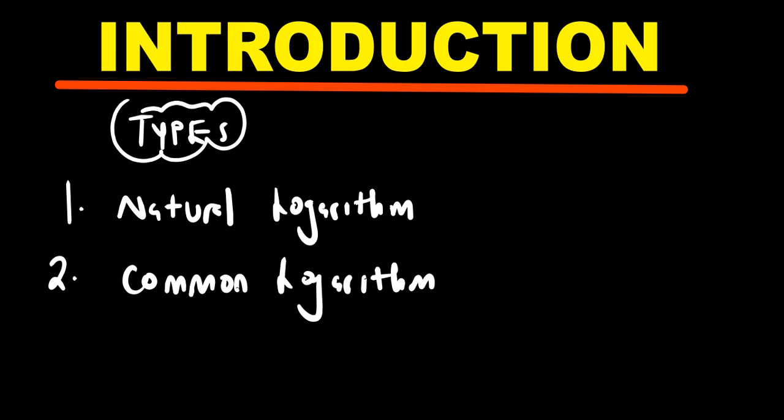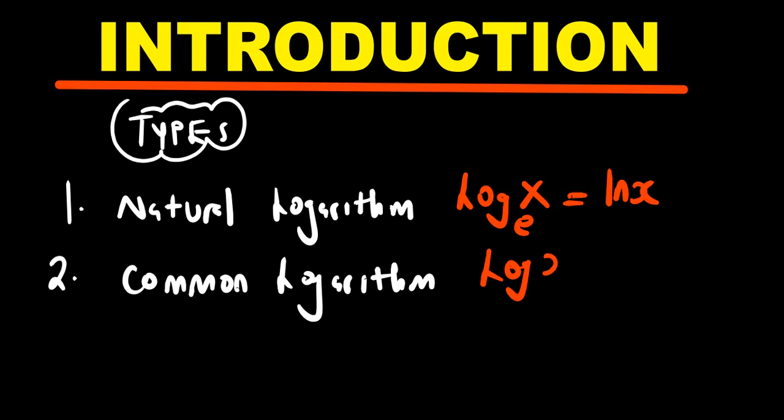Now, this is very important for you to know. So a natural logarithm is just given as log of, let's say, x, then the base is e. Okay, to mean that this is a natural log, we just express it as ln x. Then on the other hand, a common logarithm is just a log, let's say log of x, raised to the base 10. So this will be the common log.